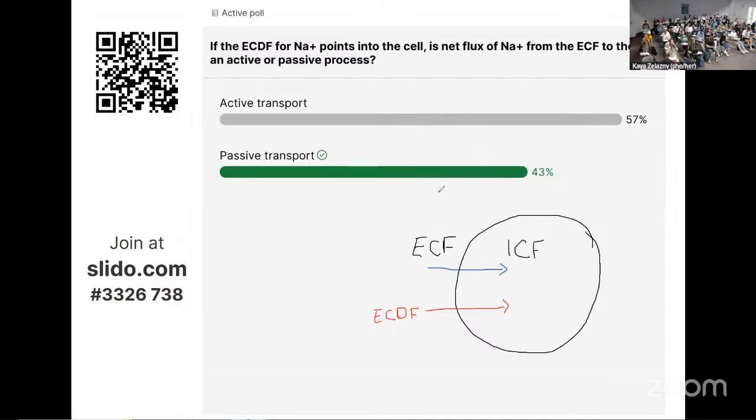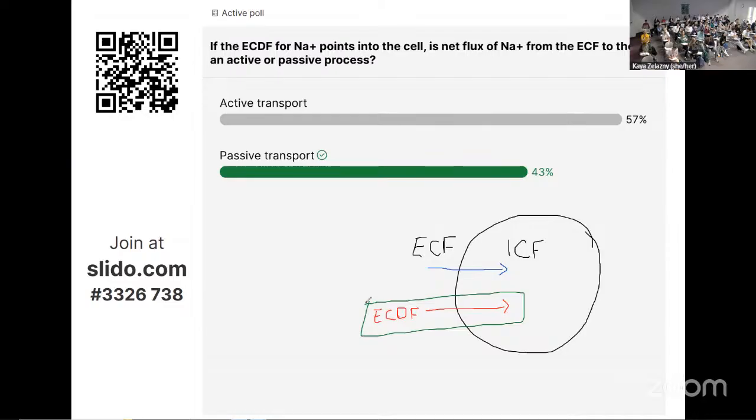So in this case, this is going to be an example of a passive process because we've set up this gradient. This electrochemical driving force is our push. This is describing our setup situation. If you think about it in everyday terms, the electrochemical driving force tells you which way sodium wants to go. So knowing that the electrochemical driving force pointed in tells you sodium wants to go in.